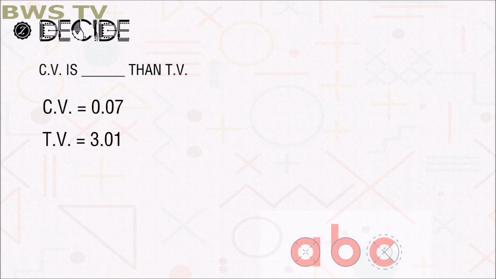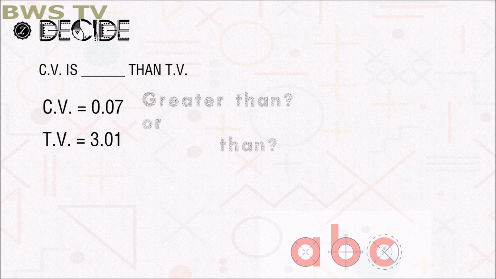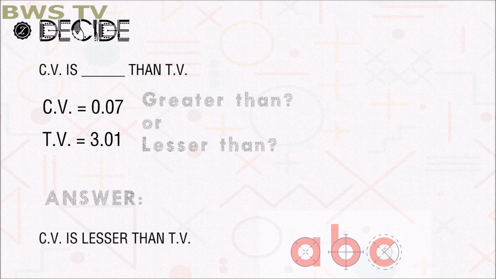Decision making. So we have to use the statements CV is greater than or CV is lesser than TV. So of course 0.07 is lesser than 3.01. So answer, CV is lesser than TV.